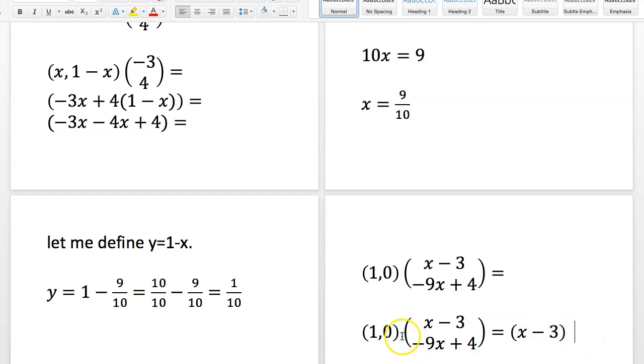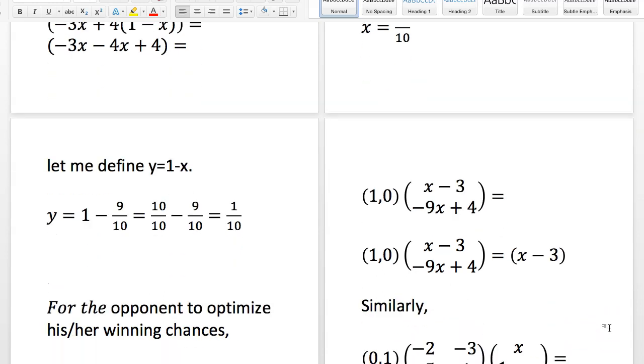That 0 just washes away that neg 9x plus 4. Now, if that were not a 0, if that were like a 2, I would have plus 2, and then if this were a 2, I would have minus 18x plus 8, and it would matter greatly. But 0 just annihilates this guy. So I just have x minus 3.